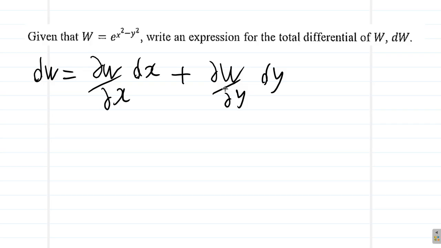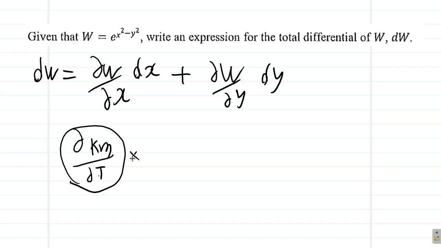This is somewhat like traveling in two legs of a journey. In this case, you have the rate of change of distance in kilometers with time, times, remember distance is speed multiplied by time.